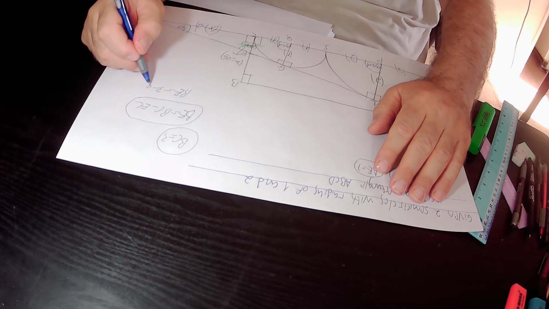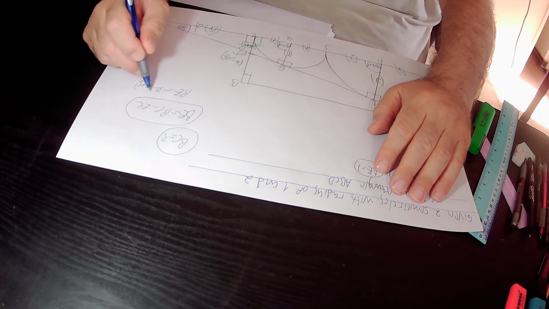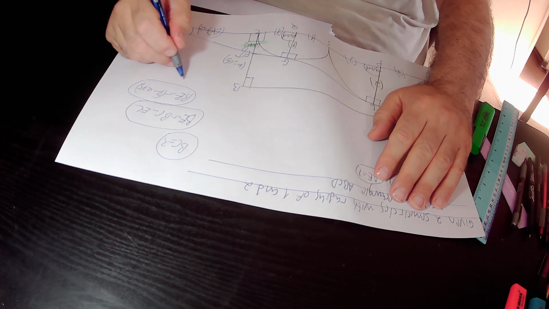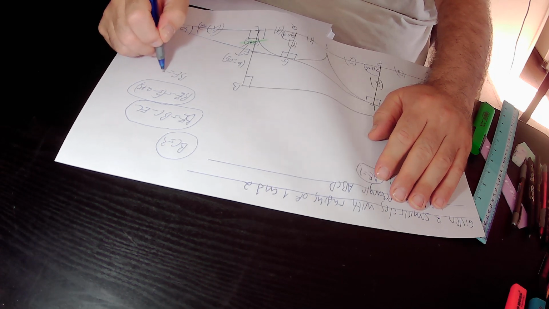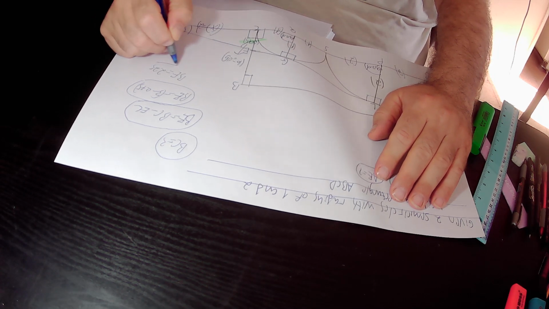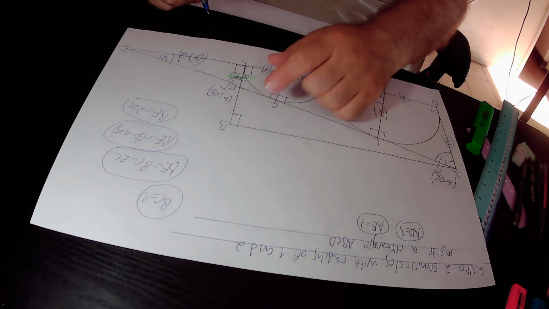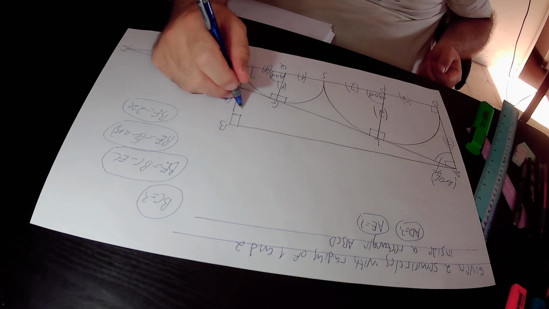EC is 0.75. So in total, BE equals 3 minus 0.75, which is 2.25. So this is the missing line segment BE. This equals 2.25 units in its length.